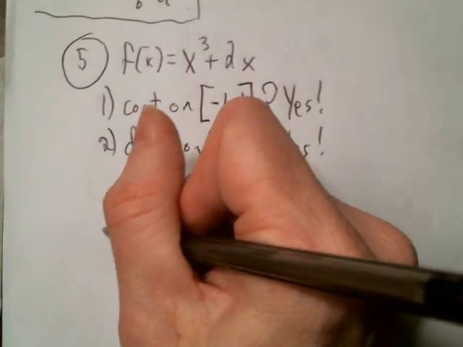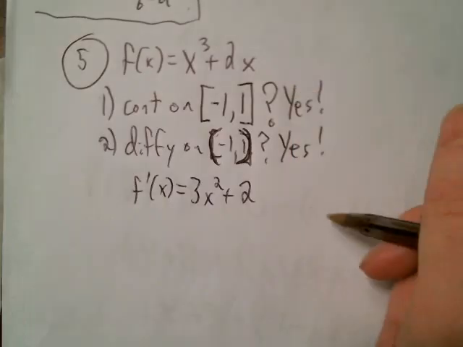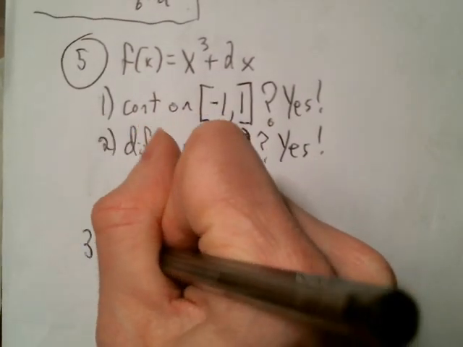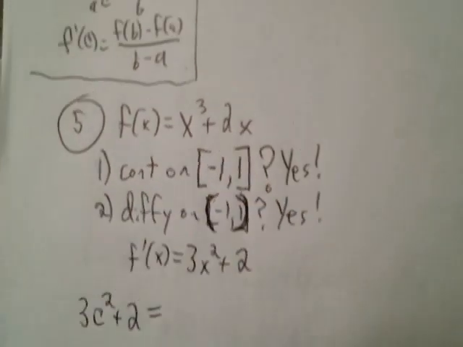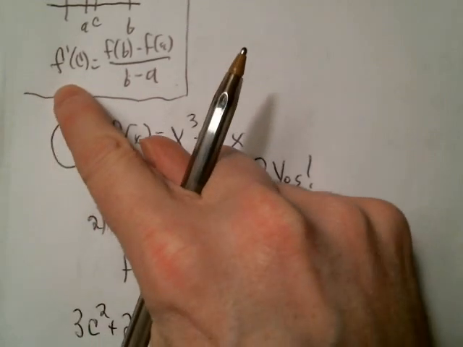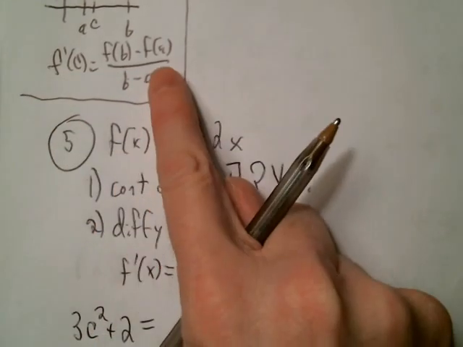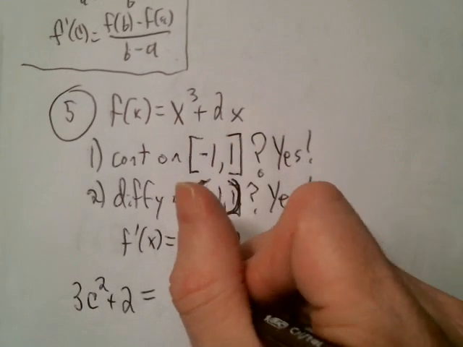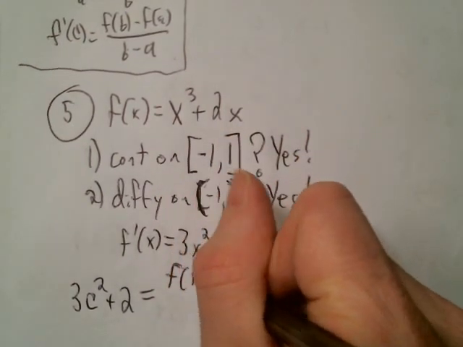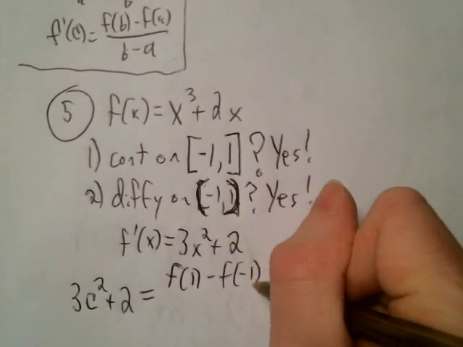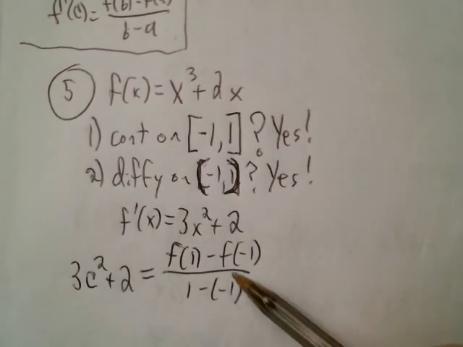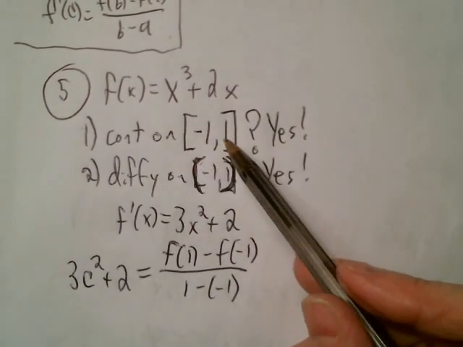So I should be able to find some C value such that f prime of C, 3c squared plus 2, equals this slope. Now I need to figure this out: f of 1 minus f of -1 all over 1 minus -1. The 1s and -1s come from the interval.